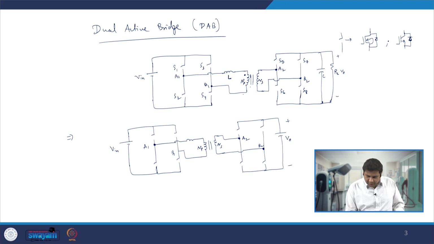Now if you look very carefully in this converter, we have S1, S2, S3, S4, S5, S6, S7, S8.